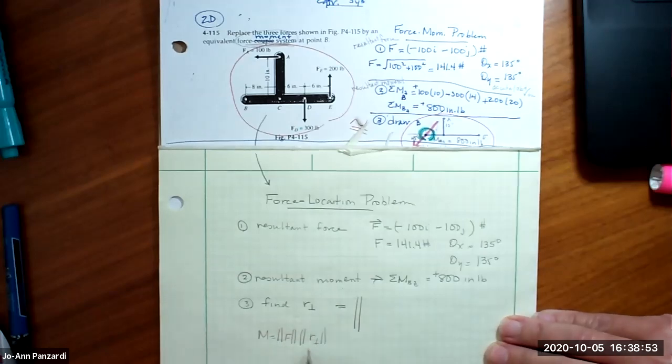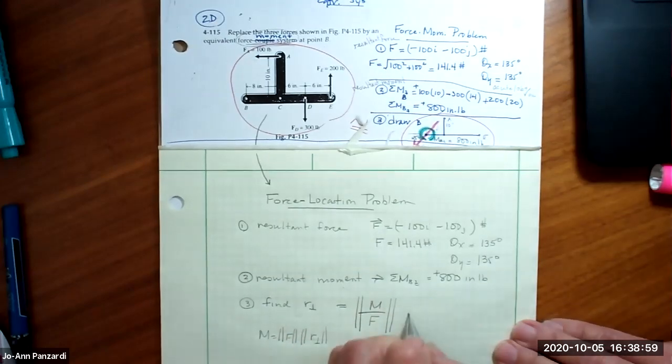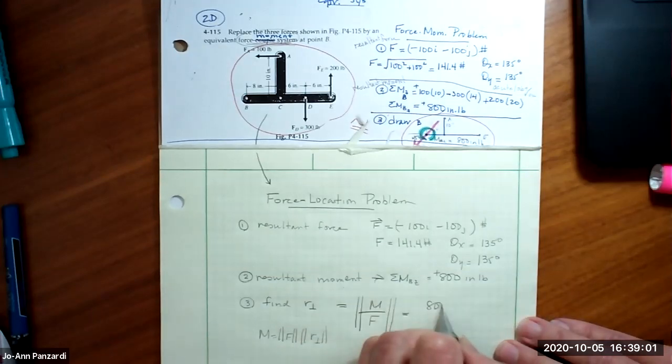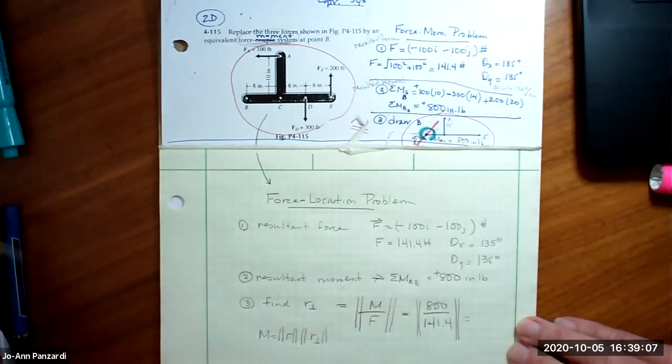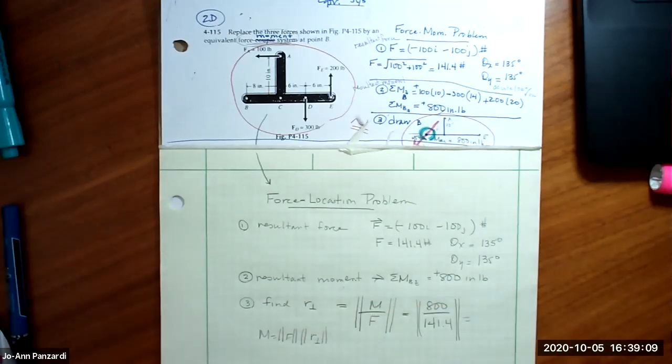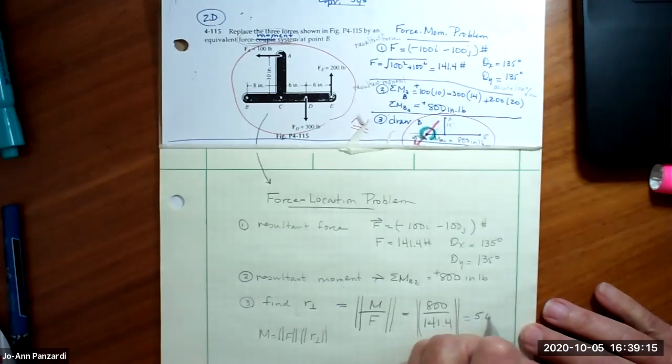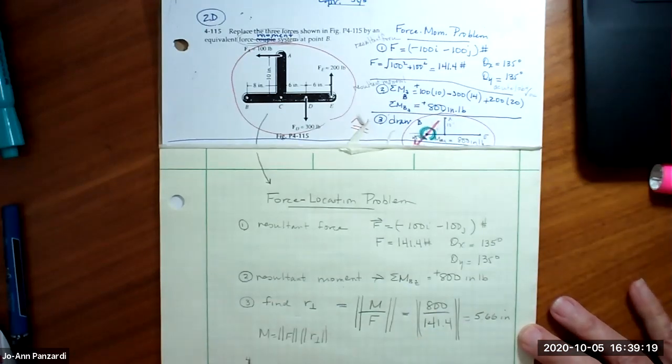So therefore, the perpendicular distance is the absolute value of the moment divided by the force. Okay? And in this case, the moment was 800 and the force was 141.4. And this value comes out to be 5.66 inches.